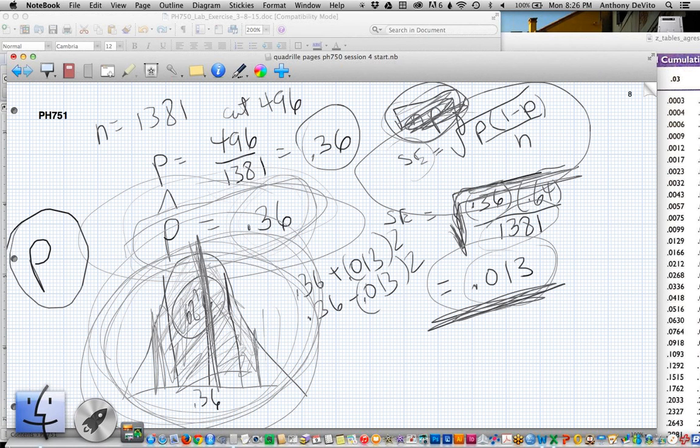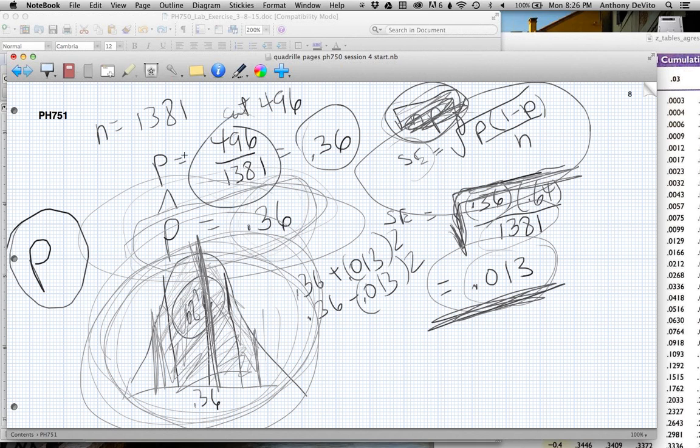All we know is what we got from our sample. That's always going to be true. We're never going to know what mu is. We're never going to know what the true proportion for all Americans is. All we know is the X bar that we calculate from our sample and the P cap that we calculate from our sample.